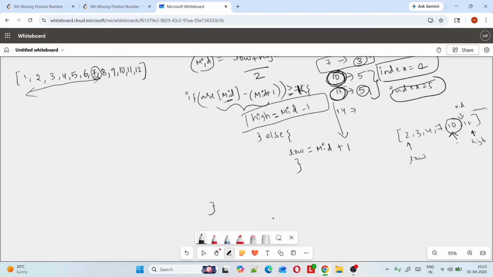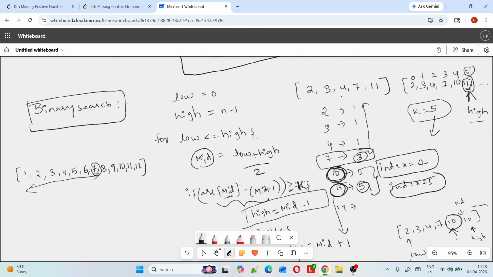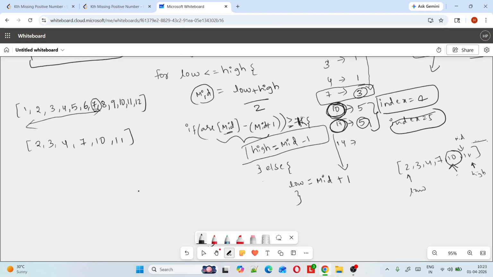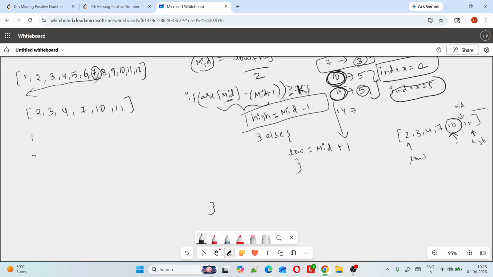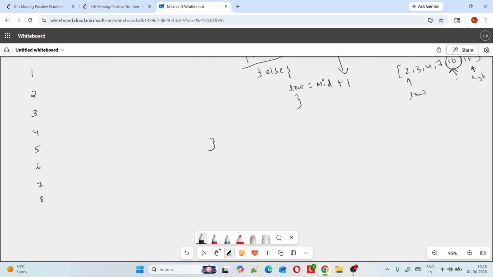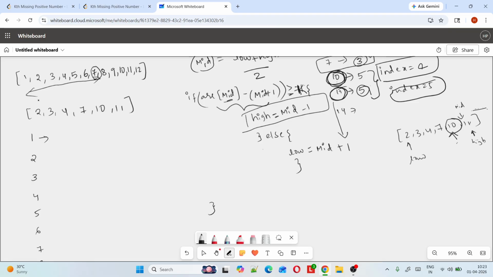Okay, now let's see. Let's compare this 2, 3, 4, 7, 10 and 11. Now I will write all the positive numbers 1, 2, 3, 4, 5, 6, 7, 8, 9, 10, 11. Now this number is not there, I will write it as missing number, and this one is present.